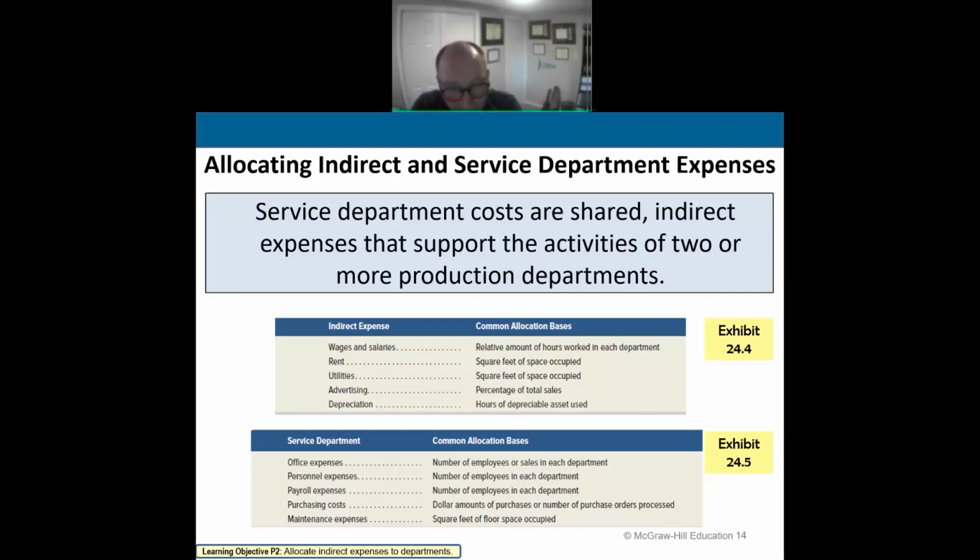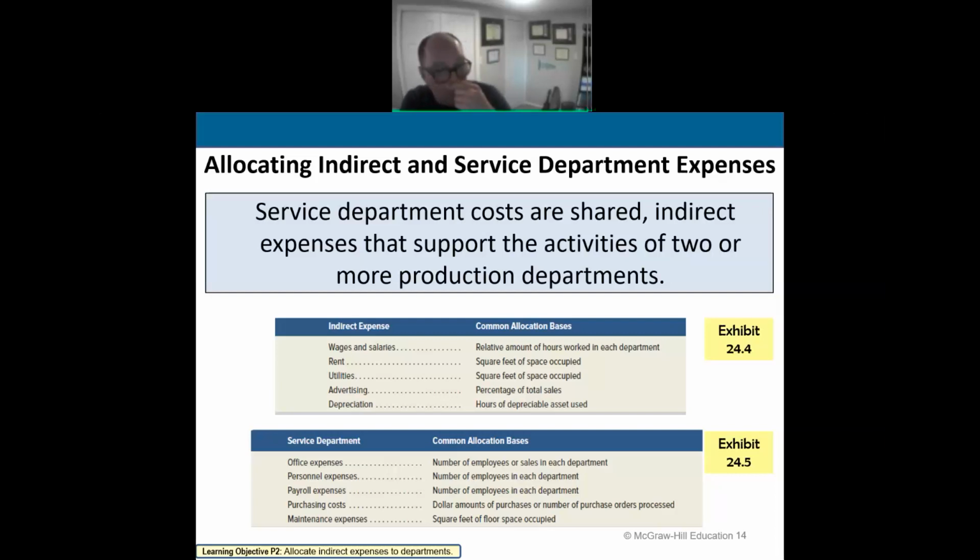I can allocate the expenses of the service departments to the departments within the store.